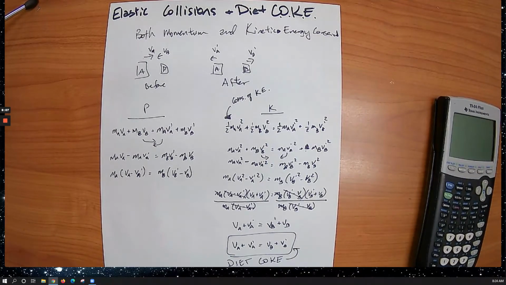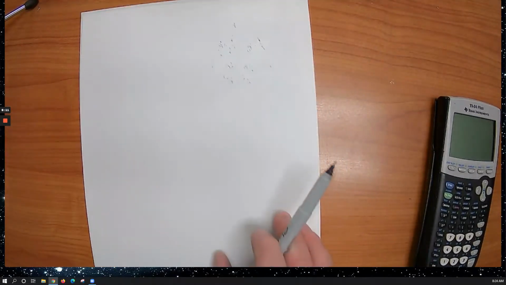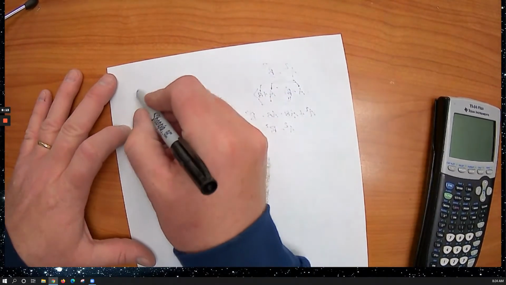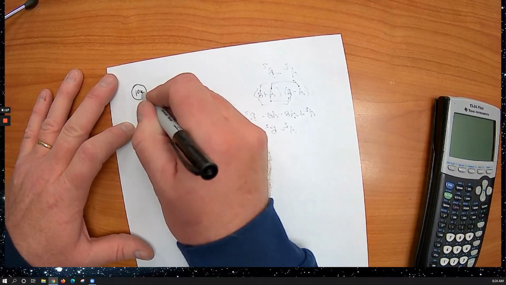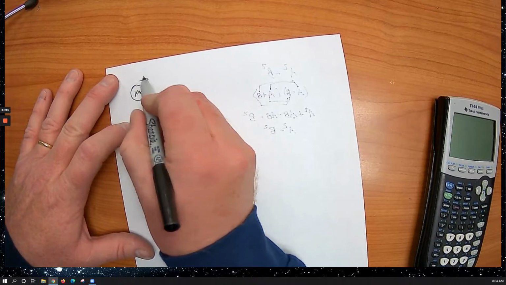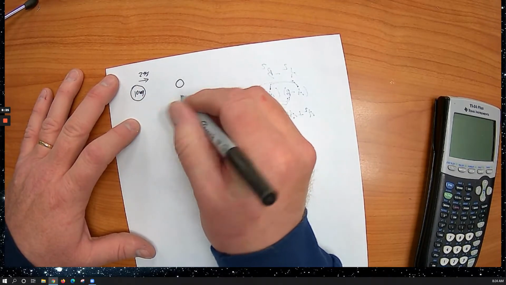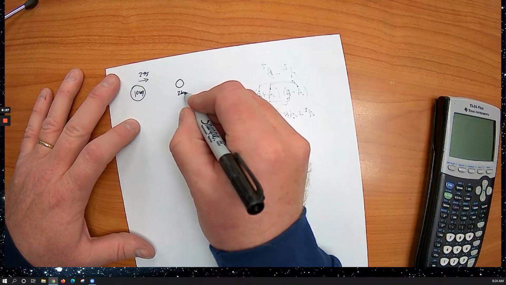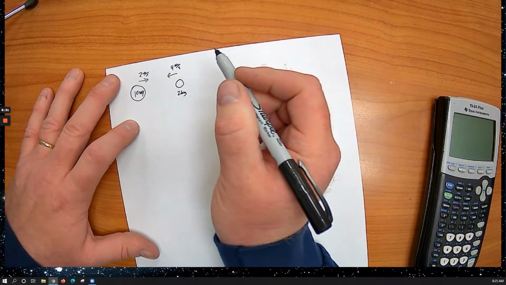Let's do an example. Suppose I have an object here, 10 kilograms, moving at 2 meters per second to the right, and an object here, 2 kilograms, moving at 4 meters per second to the left.